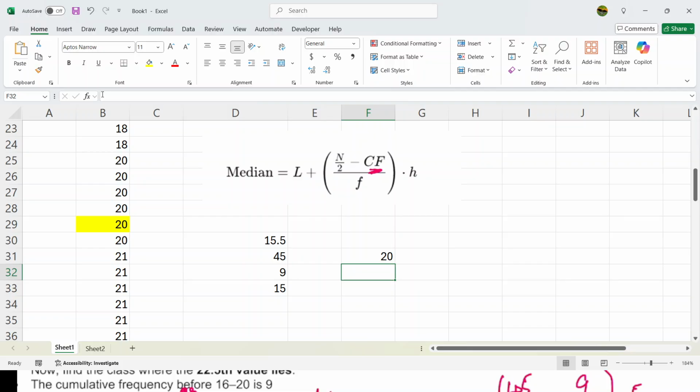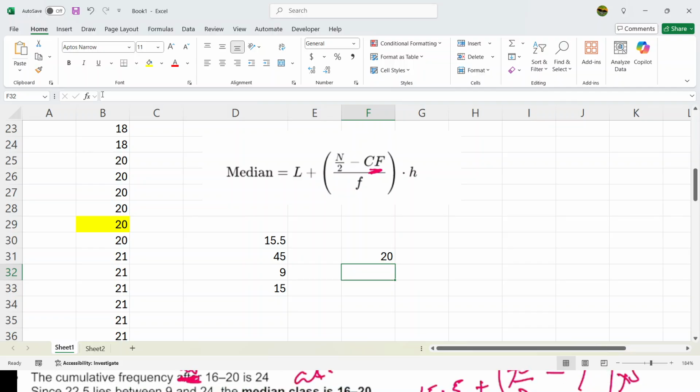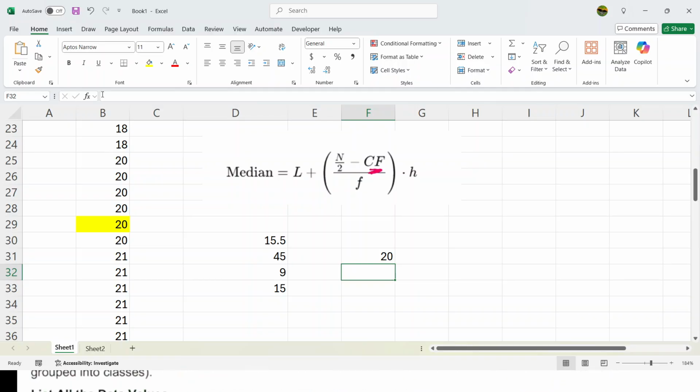So for median, I think we are okay. Are we in agreement for the median? Have we understood? Because this is simple. You can open your mics and confirm if we are together. Yes, we are together. We have lost the momentum.